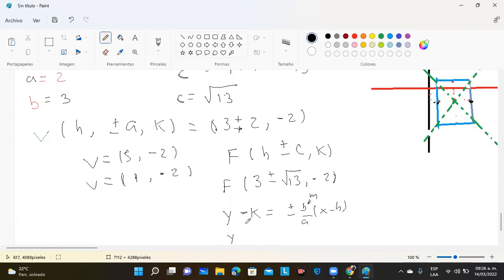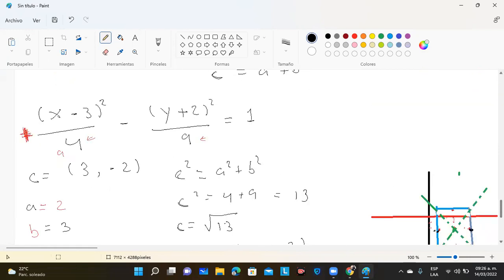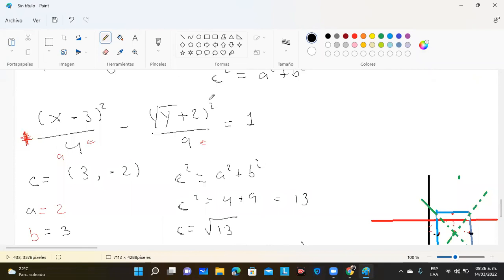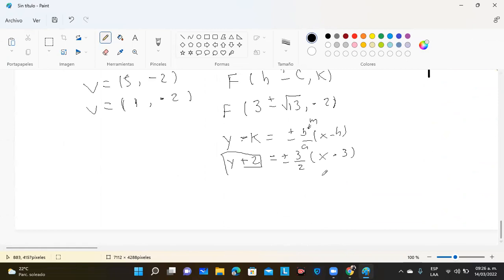As k is minus 2 and this is a negative number, we are going to have y plus 2 equals plus or minus 3 over 2, because b is 3 and a is 2, times x minus 3. Realize that y plus 2 is something we had previously in the equation, okay? Here, y plus 2. So it looks similar to the original equation.